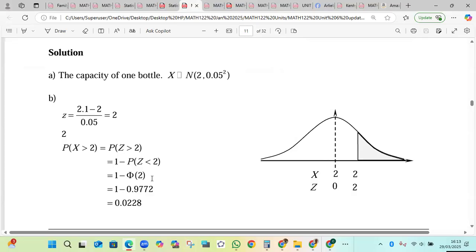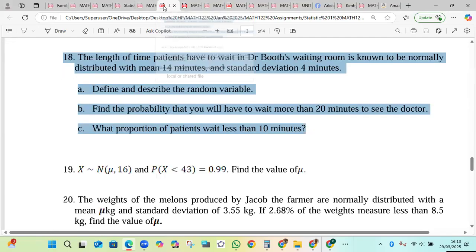It would also have been 2.1 minus 2. Okay, so phi of 2 was found, because your z was 2, and the value was subtracted from 1. 0.9772 was taken out from 1 to give you this region here. So you'll be doing something very similar for part B.